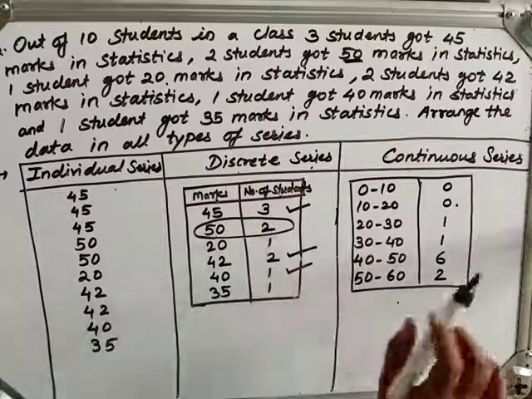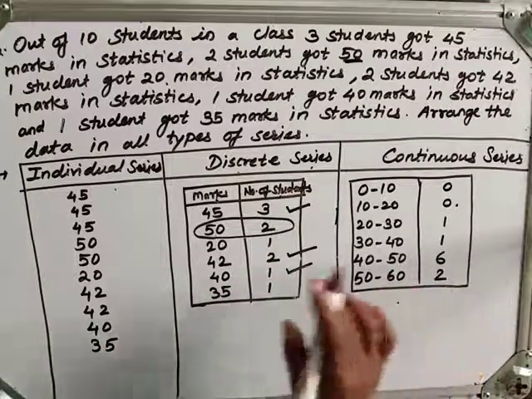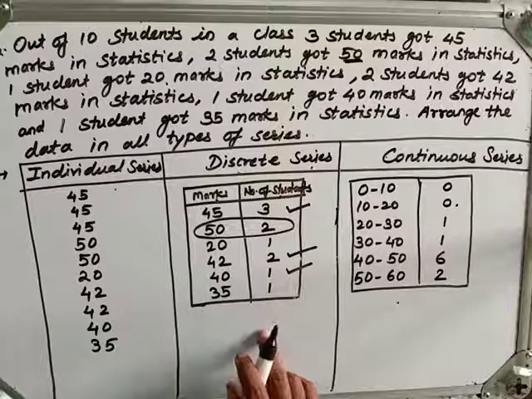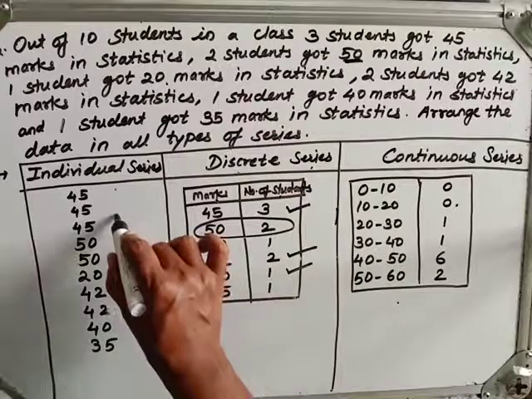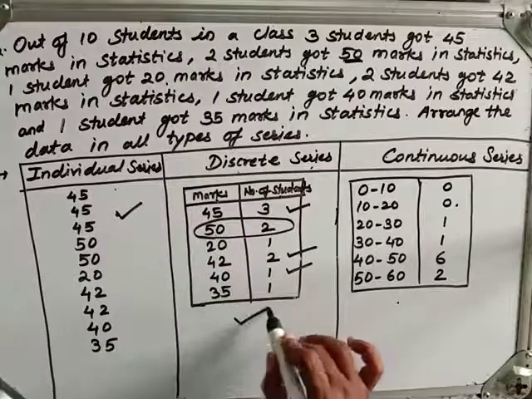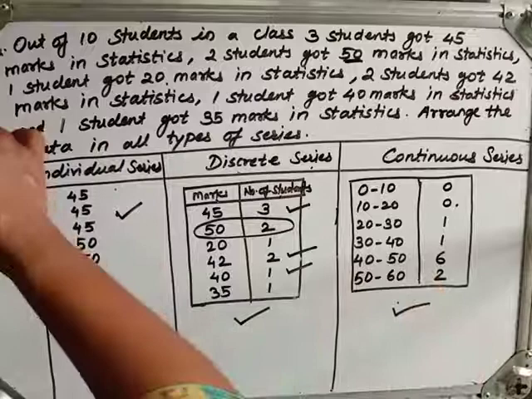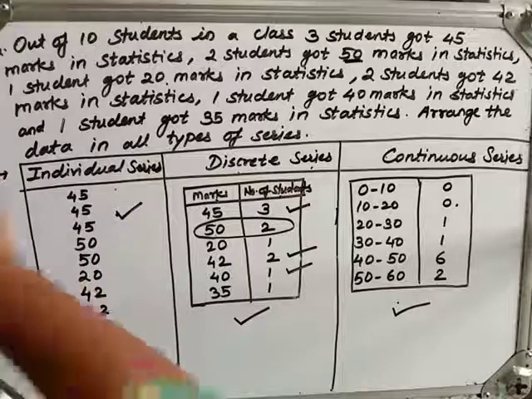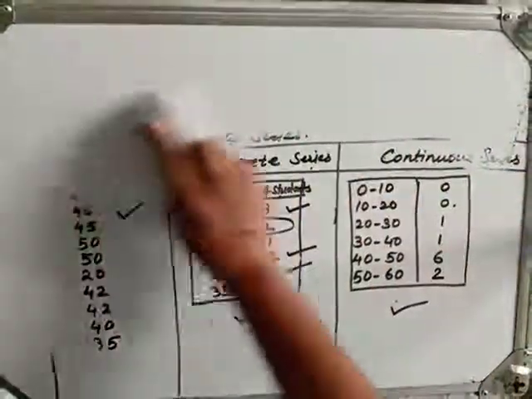Now for each type of average, there are different formulas when the data is given in individual series, discrete series, or continuous series. So in the next video we will see each type of average one by one, see the formulas of them in each type of series, and solve examples on them. Thank you.